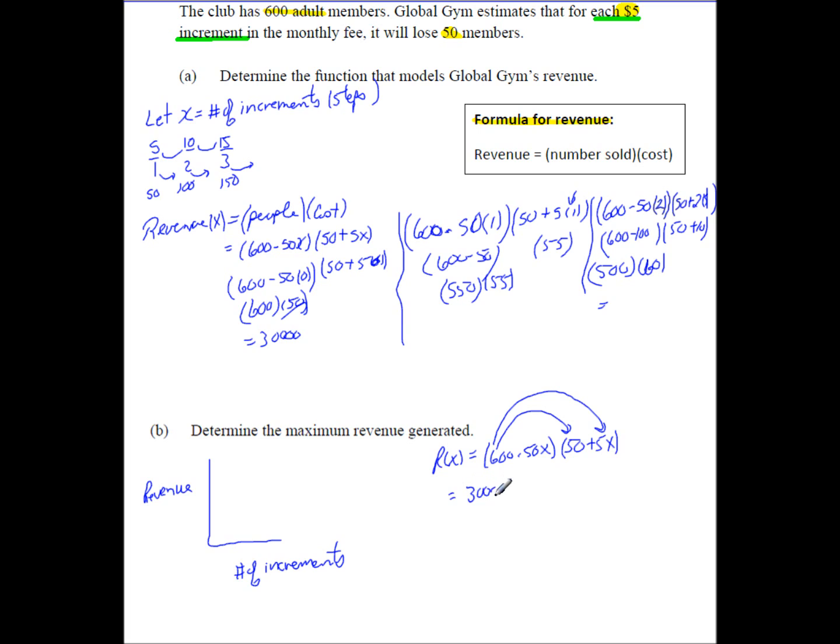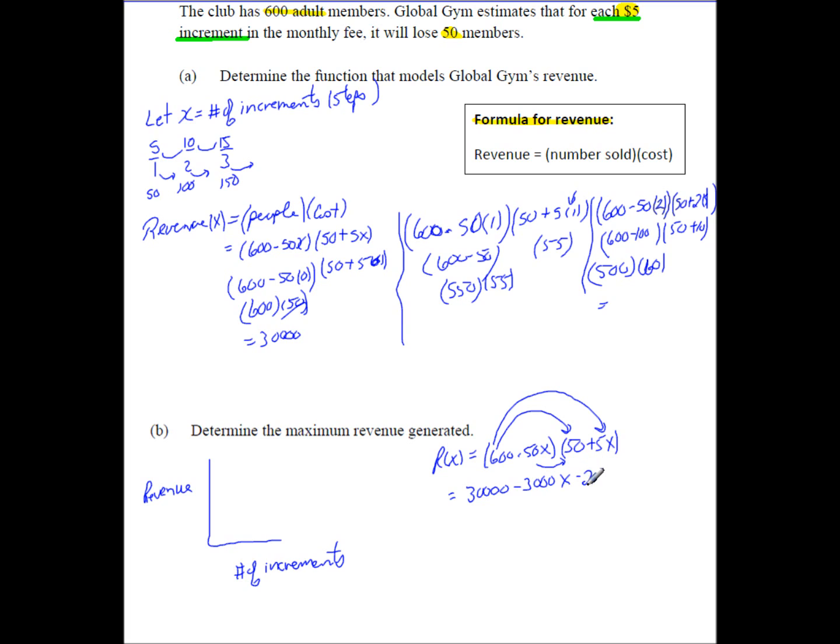So it's 30,000, subtract 3,000x. So the 600 is multiplied. Now we multiply the 50.